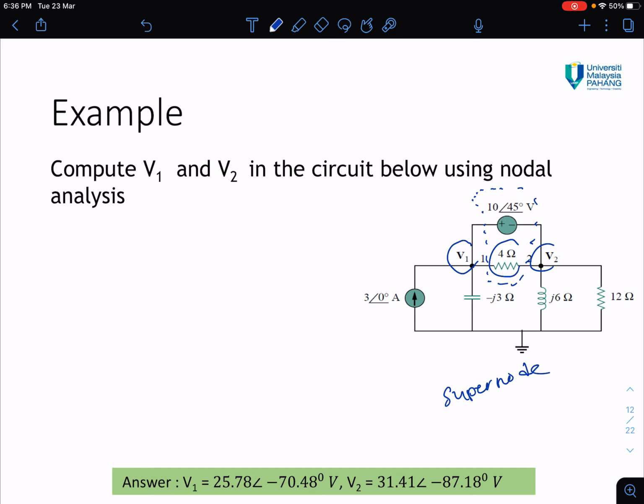Since this is a supernode, we need to do the analysis a little differently from the original nodal analysis.